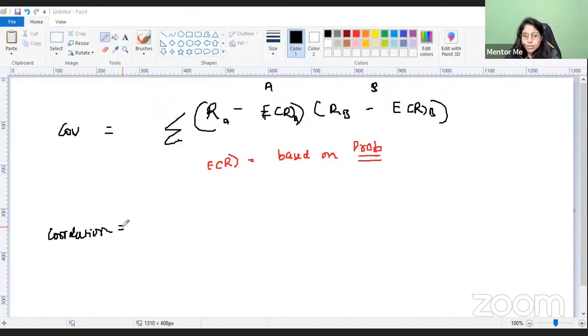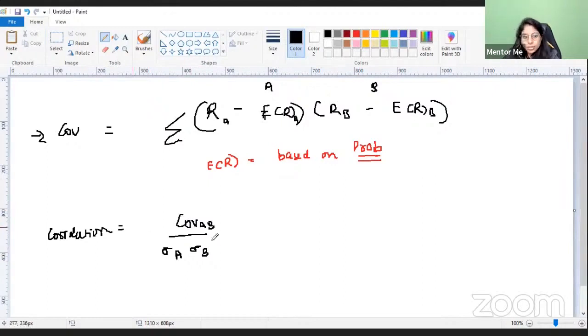Okay. So correlation क्या हो जाता है? We take the covariance between the two and then we divide it by the standard deviation of A. This is the covariance of AB that we calculated in this manner. We divided by the standard deviation of A into standard deviation of B. This gives us what?